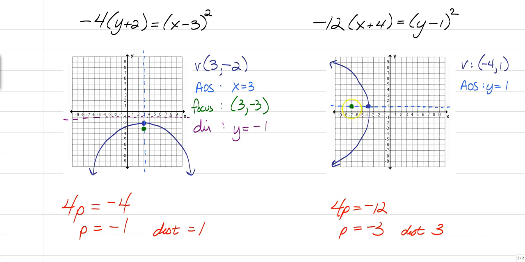You can just look at that coordinate. It's -7, comma, 1. Or, if you were to use the formula, the p value is a -3, and it is h plus p. So h is -4 plus a -3 takes you to -7. So the formula still works if you like to use it.